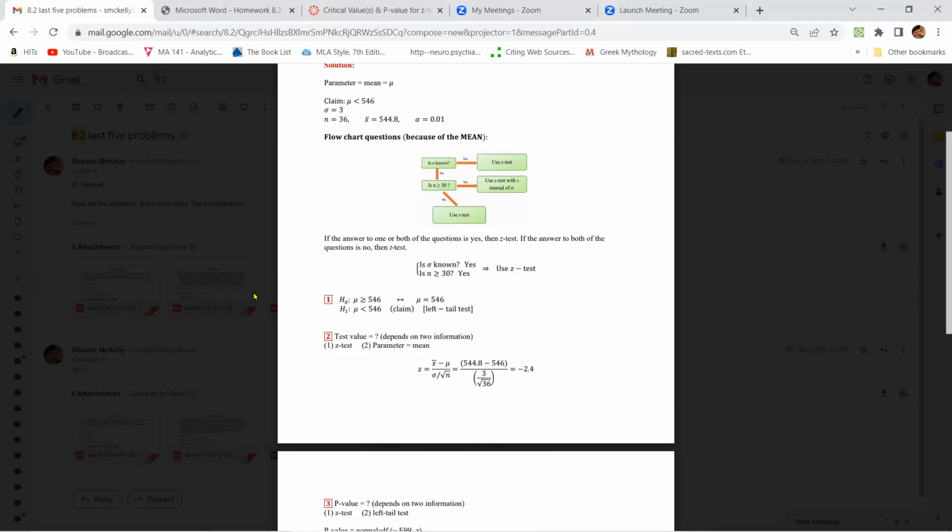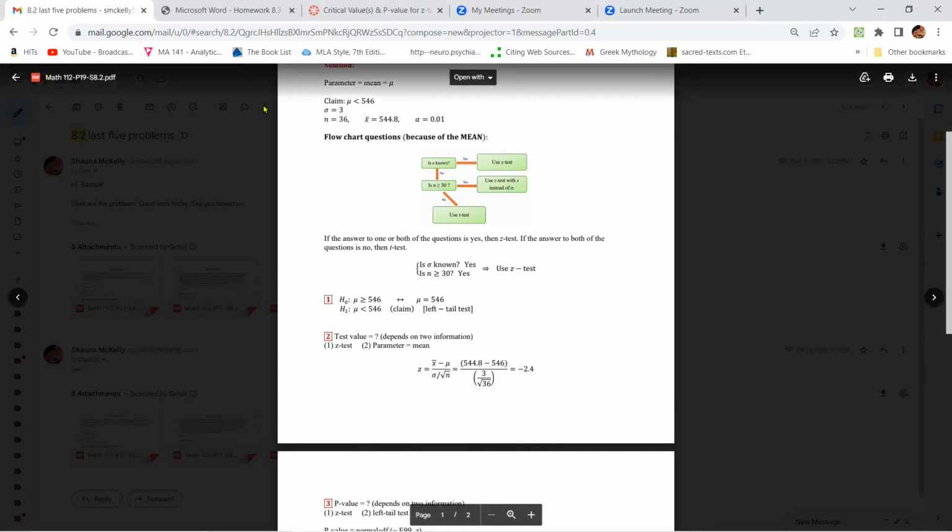Negative 2.4. If you wanted 2 decimal places, you could put a 0 there. But I'm pretty sure she just truncated because it was exact. But if you were doing 2 places, there would be a 0 here. Negative 2.40 is your test value or your test statistic. Any questions about this part?